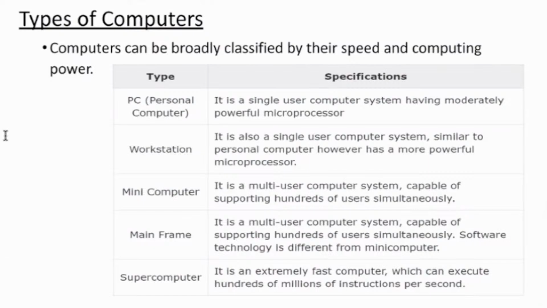Then workstation. What is a workstation? Workstation means we work with them, specific work like a developer or data engineer does. For that purpose, we need more powerful computers. Developers can't make software without powerful computers.